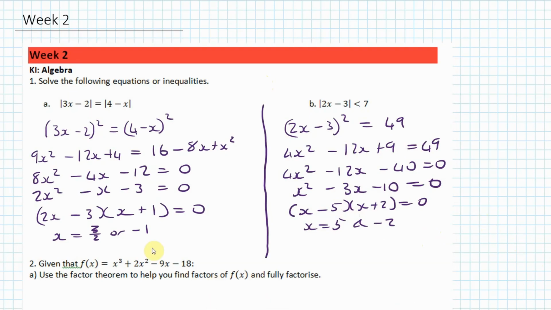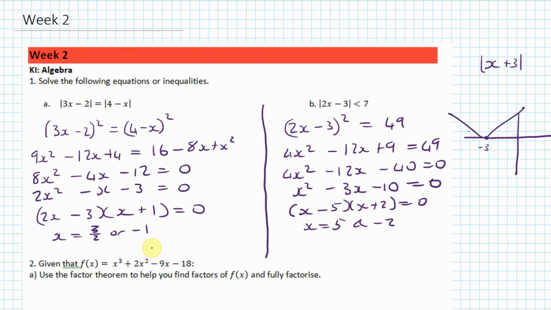So now what I might do is do a quick sketch. When you're sketching a modulus, let's say we had something like this. You know in that situation that the zero point is at minus 3, because minus 3 plus 3 is 0, and then everything else is going to go like this.